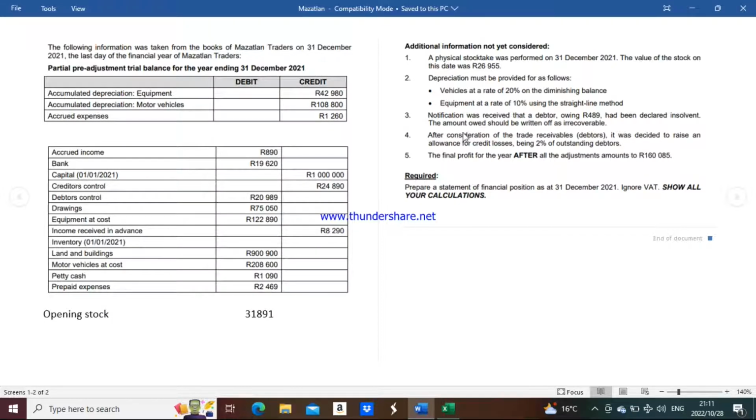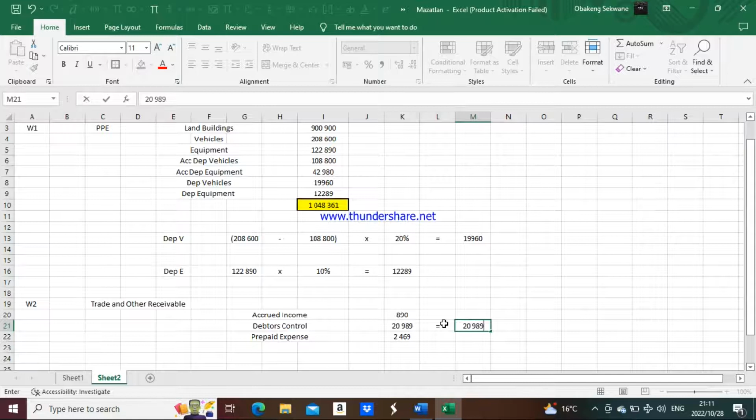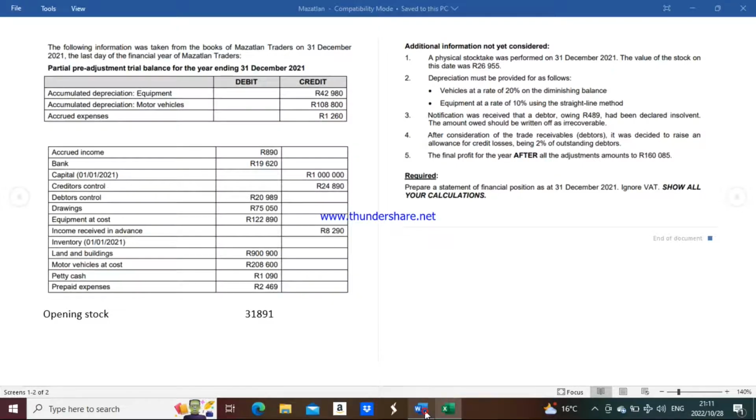Now we're going to go to our notes. In note 3, it says notification was received that a debtor owing 489 had been declared insolvent. The amount owed should be written off as irrecoverable. So with our debtors control, we're just going to say equals 20,989 minus the 489.